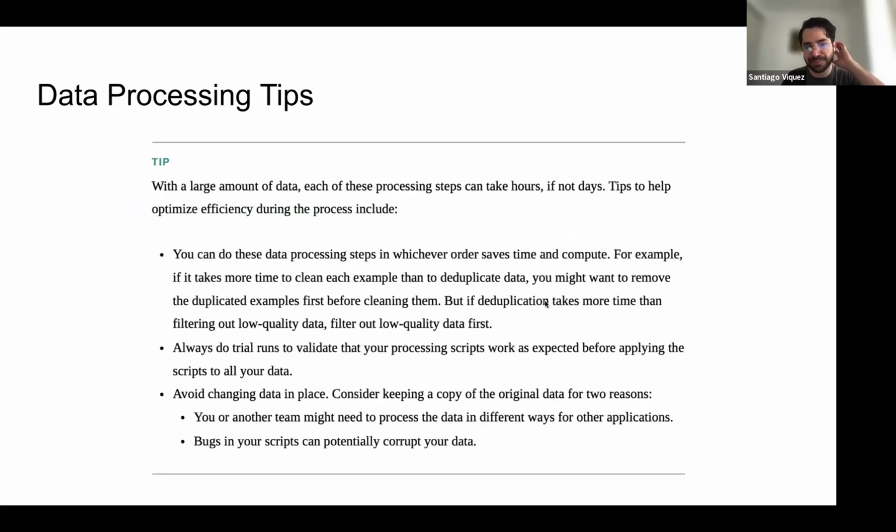She suggests to always do trial runs to validate that the processing scripts work as expected. You don't want to find that you have an issue in your preprocessing pipeline after you spend hours in training, right? So you want to validate that everything there works.